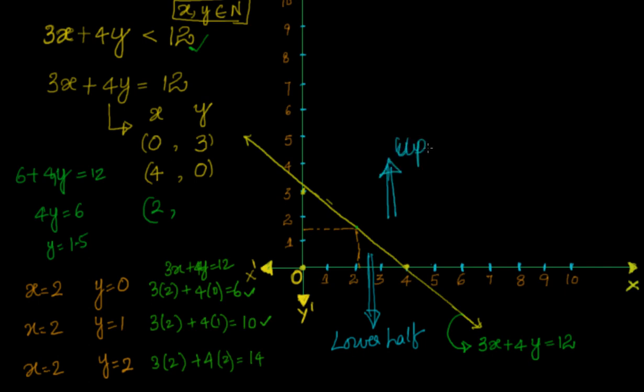Similarly, you can also see that x equal to 2, y equal to 2, the point will be somewhere here above the straight line. That's nothing but 3x plus 4y is 14, which is greater than 12. That means this lower half represents 3x plus 4y less than 12, and the upper half represents 3x plus 4y greater than 12.